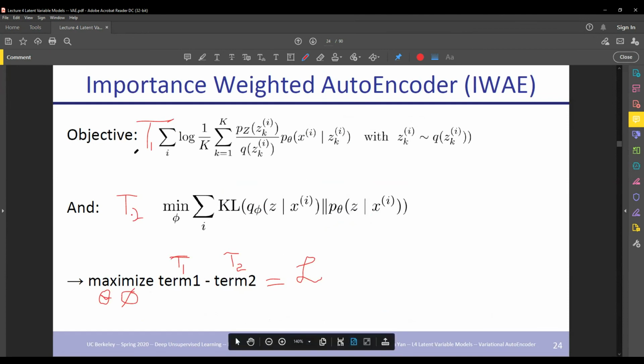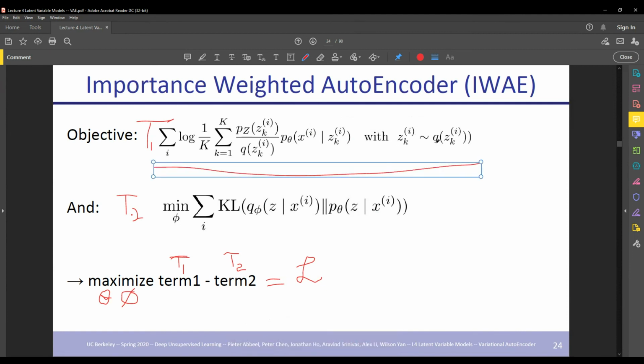And we'll figure out that the objective that we want to do is obviously this guy, T1, which is this equation, with z sampled from the importance sampling of Q(z). And this is obviously our first part, right? This is what we wanted to achieve.